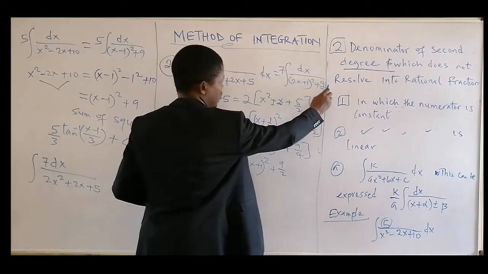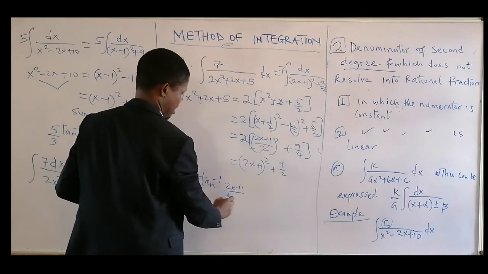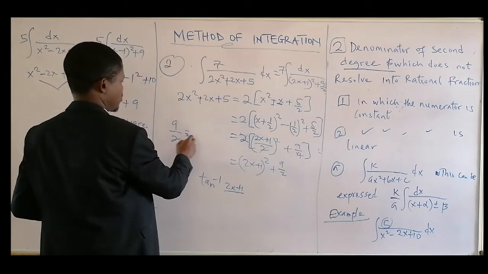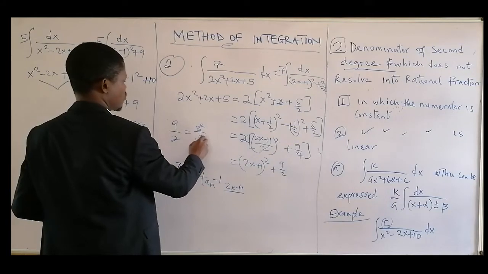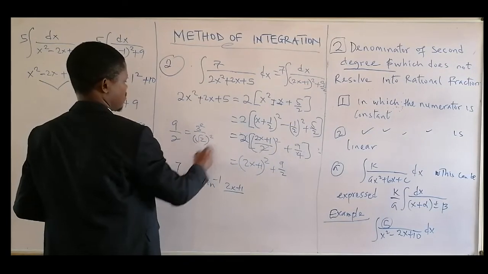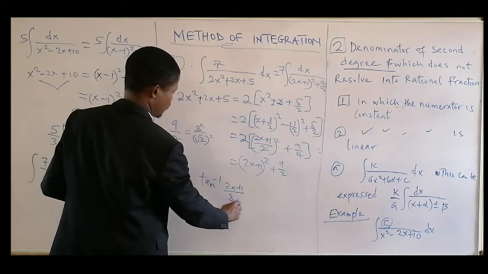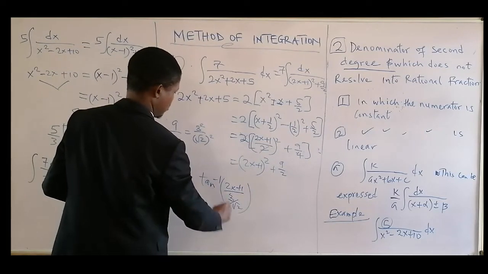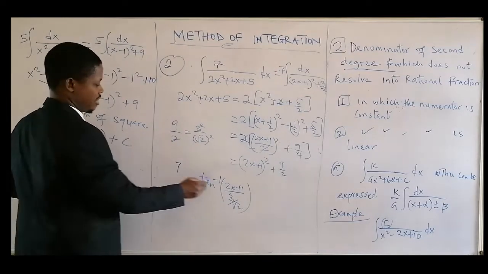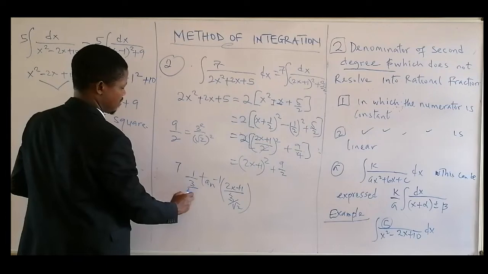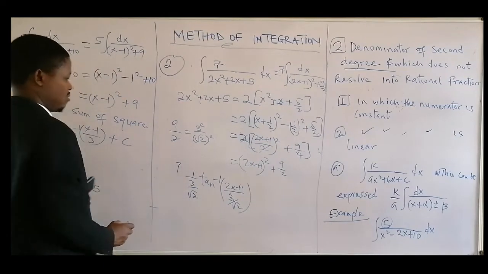This one must be written as a square: 9 over 2 is 3 squared over root 2 squared. So that will be divided by 3 over root 2, and then 1 over a is 1 over 3 over root 2, then plus c.